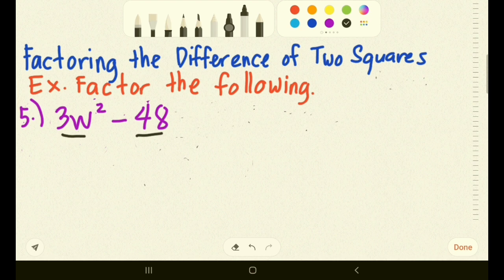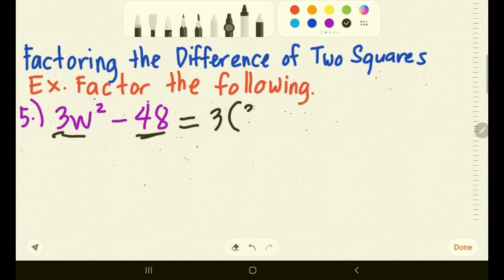So go back to our last topic, GCMF, greatest common monomial factor. You look for their GCMF if there is one. You have 3w squared minus 48. Look for their GCMF. Yes, there is. 3 and 48, their GCMF is 3. What to do with that?